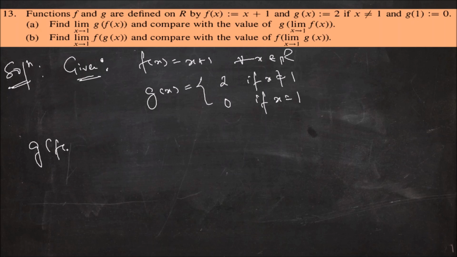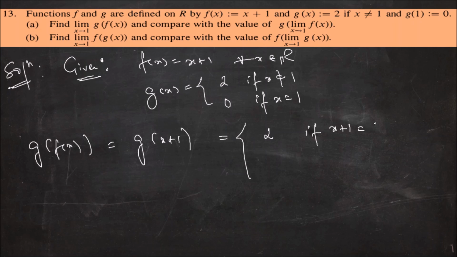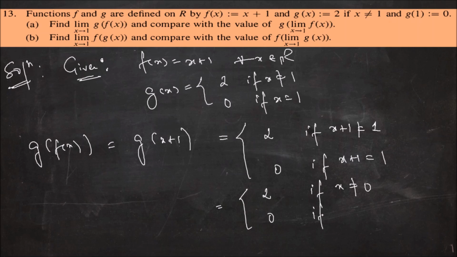So g(f(x)) is equal to g(x plus 1), which is equal to 2 if x plus 1 is not equal to 1 and 0 if x plus 1 is equal to 1. That is, 2 if x is not equal to 0 and 0 if x is equal to 0.